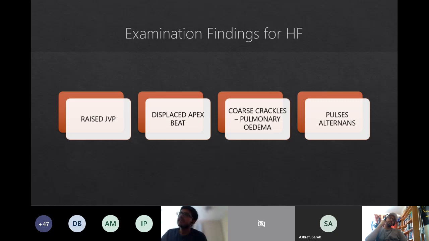Yeah, raised JVP. Crackles. Are you more likely to find unilateral or bilateral crackles in this? Yes, bilateral crackles. And how would you describe the crackles to the examiner?